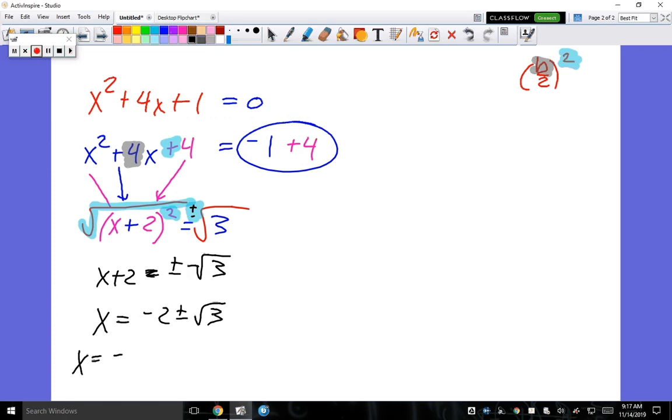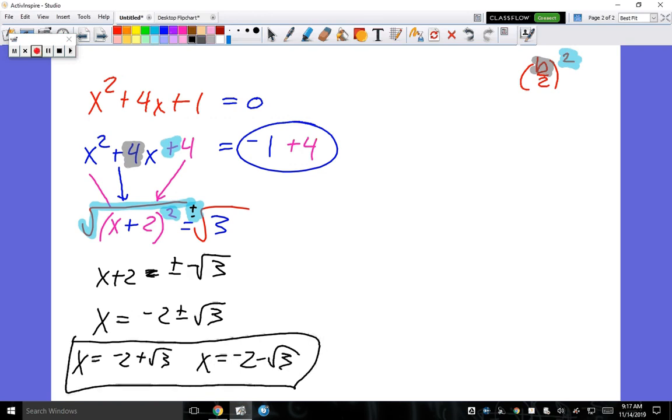We have negative 2 plus root 3, and we also have negative 2 minus root 3. Those are my answers. They're not clean integers. That's why we couldn't factor it cleanly when we were doing the race. Completing the square. One more example, or same example, one more method, and we will go to bonus points.